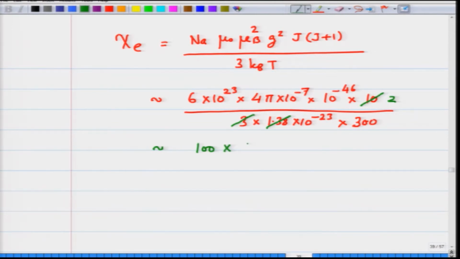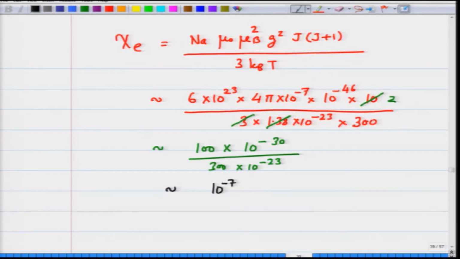times 10 raised to minus 23 minus 7, 10 raised to minus 30 divided by 300 times 10 raised to minus 23. So, this comes out to be of the order of 10 raised to minus 7.